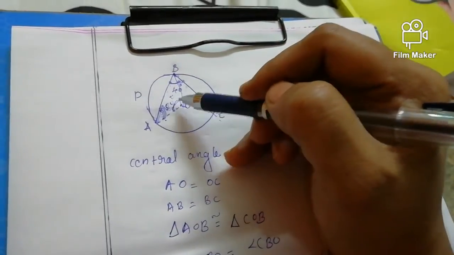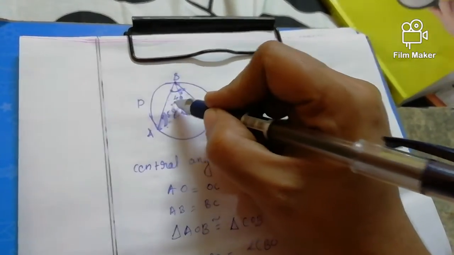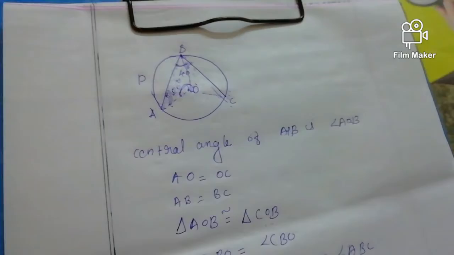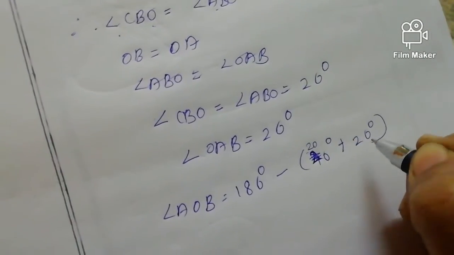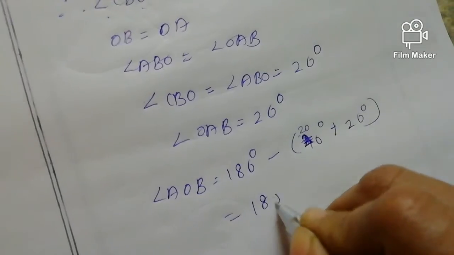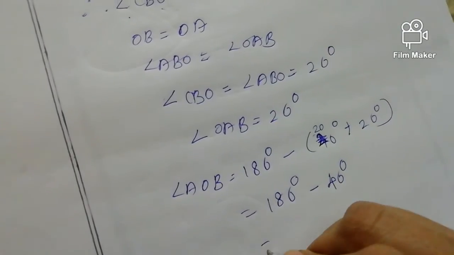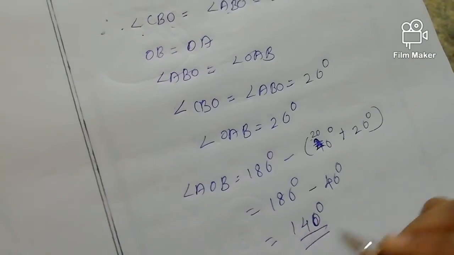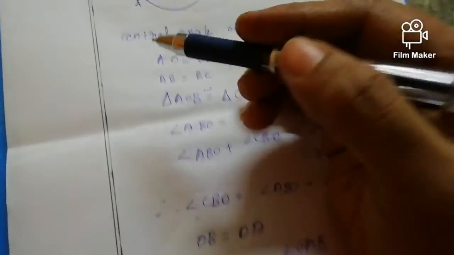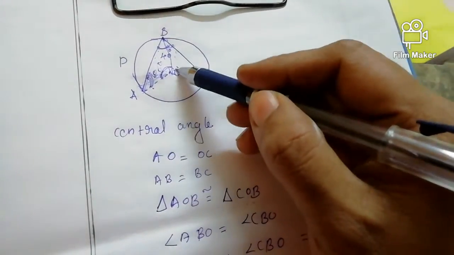We can find this angle. We subtract from 180 because the sum of the three angles of a triangle is 180 degrees. So 180 degrees minus 20 degrees plus 20 degrees, which is 40 degrees, is equal to 140 degrees. So the central angle of arc APB is 140 degrees.